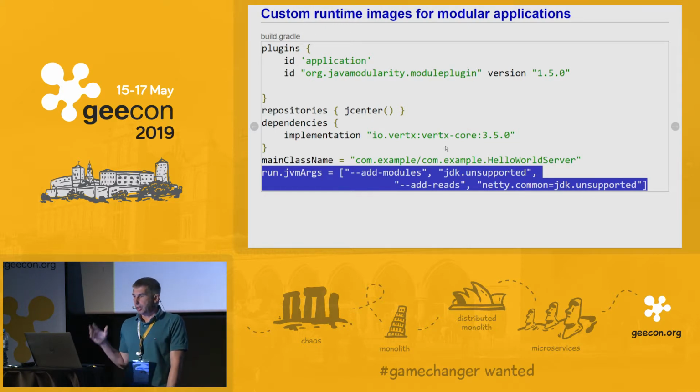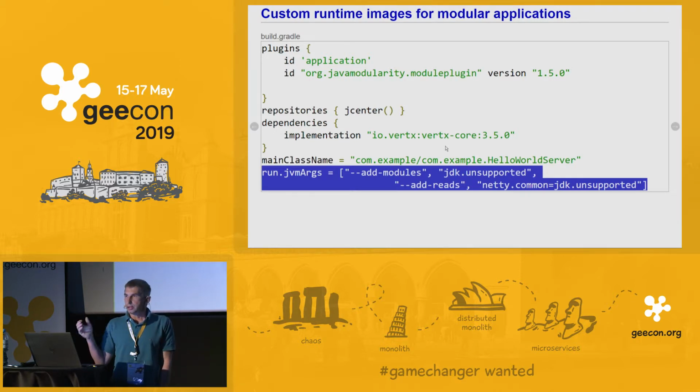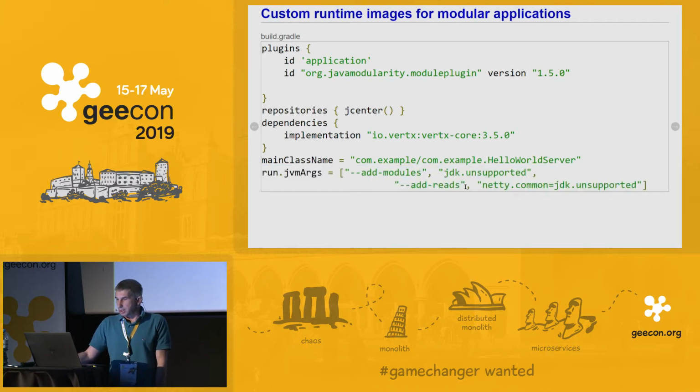It is a JDK internal API, so it should not be used outside the JDK, but because it provides critical functionality that is very difficult or even impossible to implement otherwise, it is used by several libraries, and Netty is one of them. The problem is that sun.misc.Unsafe is no longer part of the standard edition platform.